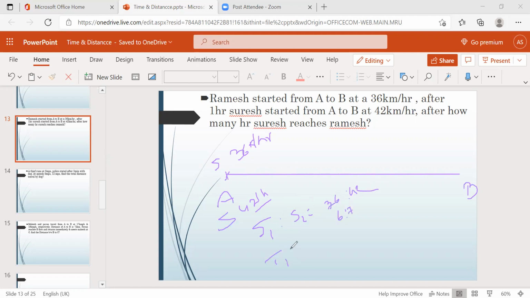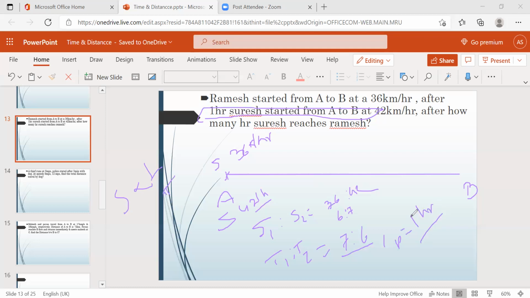And time T1 to T2 equals, sorry, 7 is to 6, right? What's the difference here? One part. Same thing, speed is inversely proportional to time. Based on this only, we are doing all these things. What is given as one part? After 1 hour, Suresh started from A to B, right? So after 1 hour, that means one part equals 1 hour.